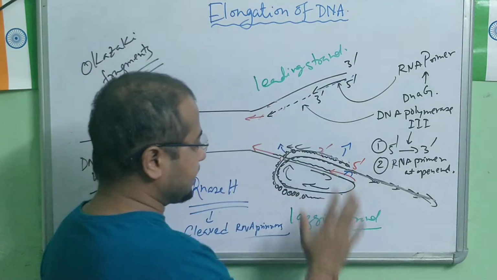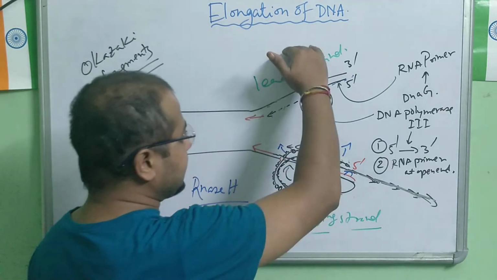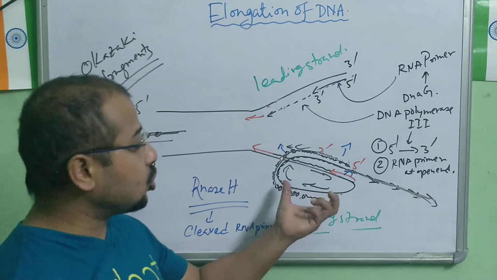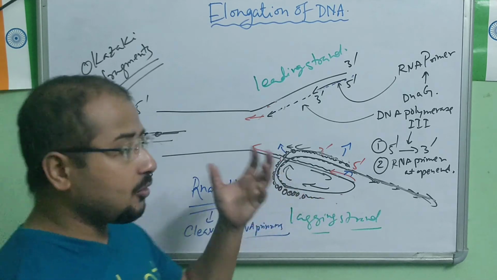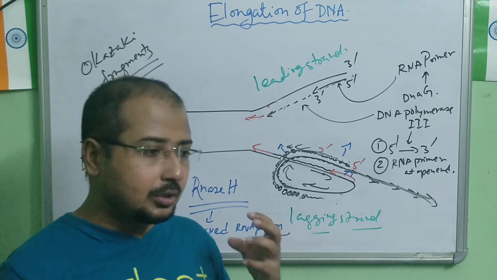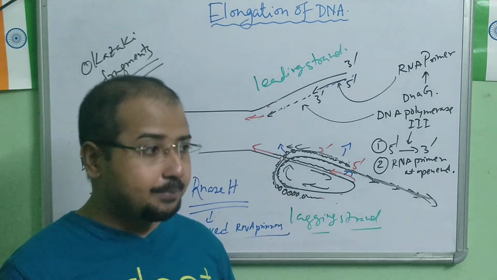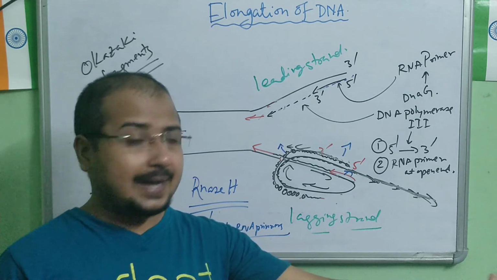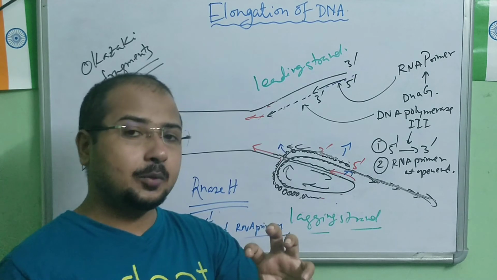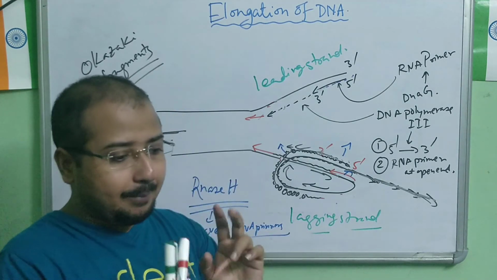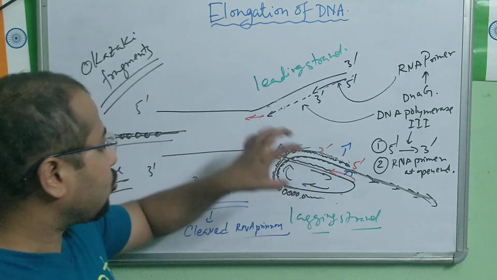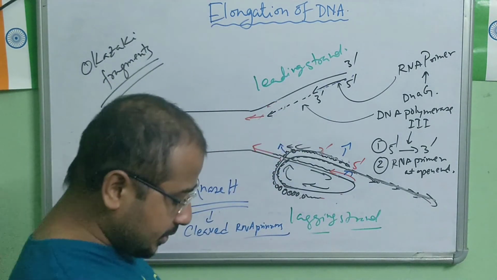The leading strand, this is the lagging strand. I hope you understand what the leading and lagging strands are, and the importance of making this loop here. Because the problem is with the DNA polymerase. DNA polymerase can only polymerize in the 5' to 3' direction, and for both strands it has to be the same direction, because for a single DNA polymerase it is just not possible to replicate both strands in opposite directions.